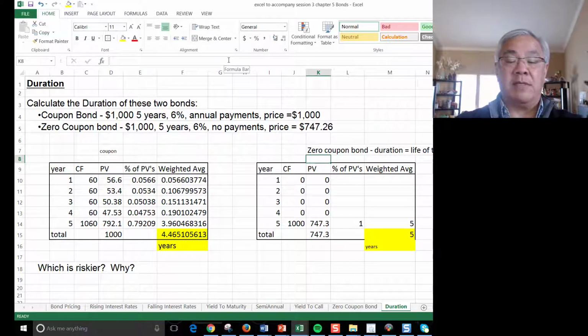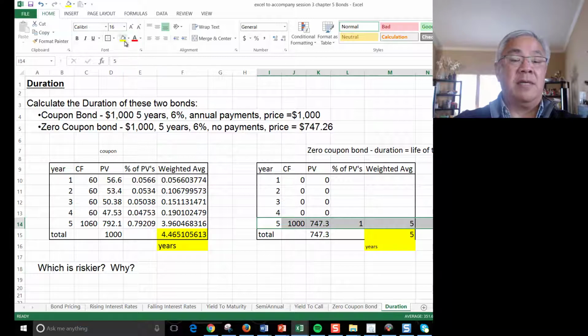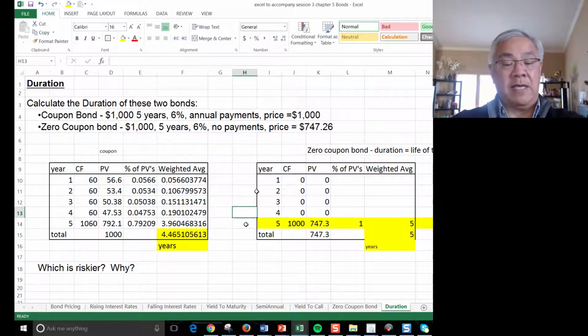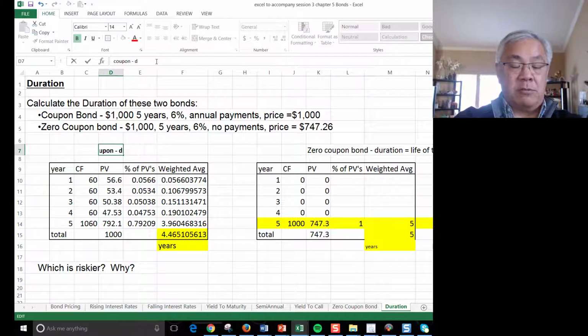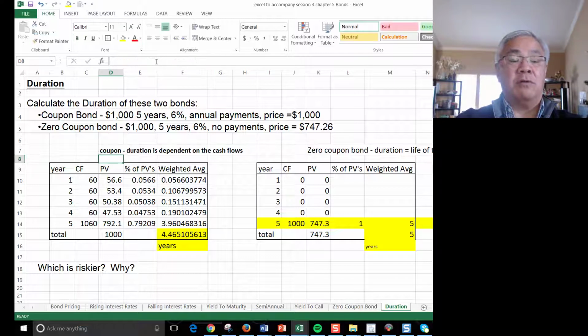Because there are no other payments, so almost by definition, the duration has to be equal to 5 in this case. However, the duration for the coupon bond, duration is dependent on the cash flows. So there's no simple rule, we just have to do the math.